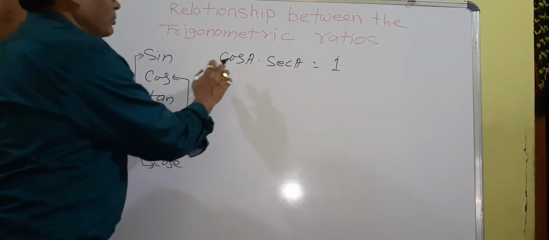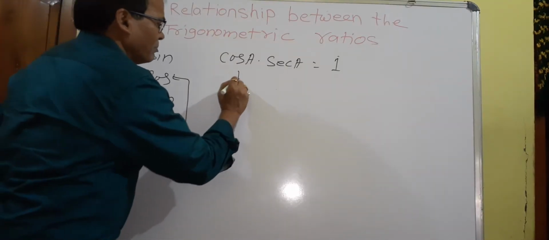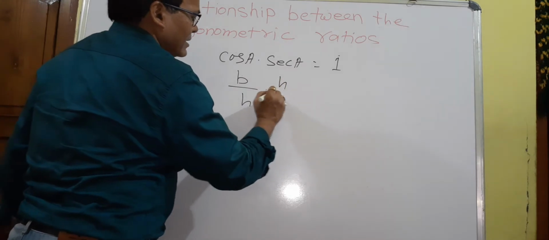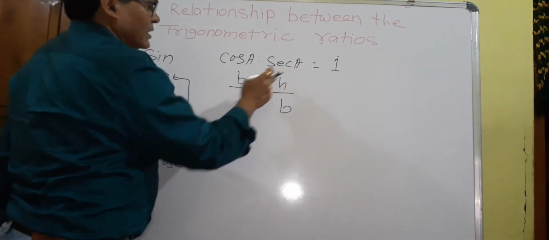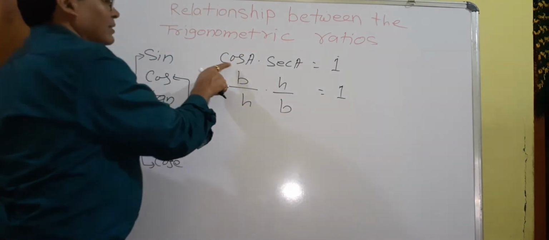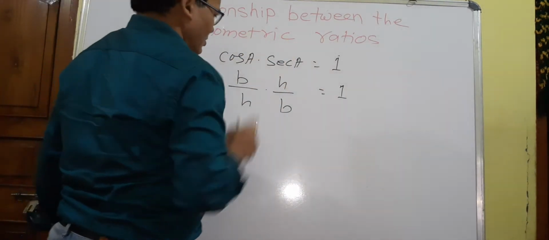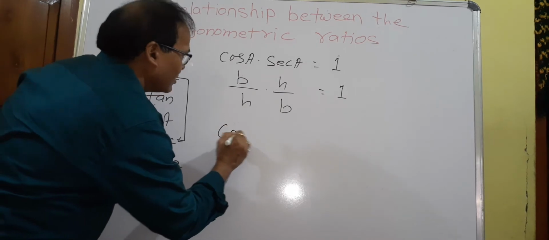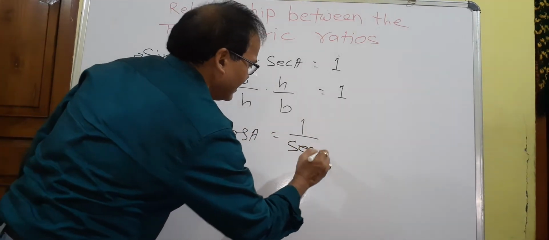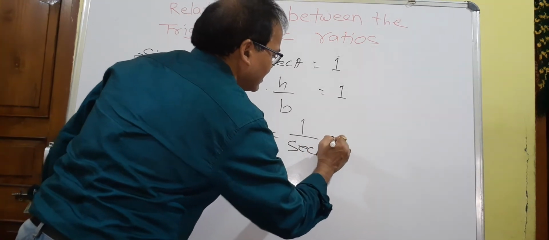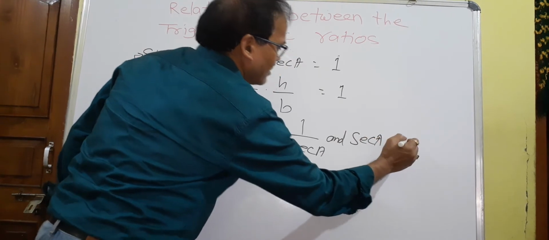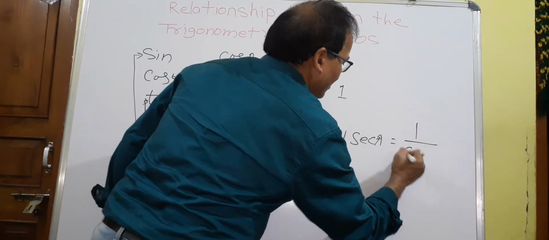Here also we can prove: cos A is equal to B by H and sec A is equal to H by B. So numerator and denominator cancel and you will get 1. That's why we are writing cos A times sec A is equal to 1. Here also we can write cos A is equal to 1 by sec A and sec A is equal to 1 by cos A.